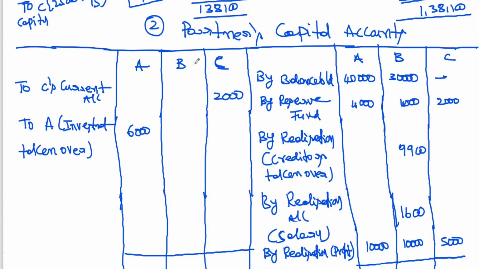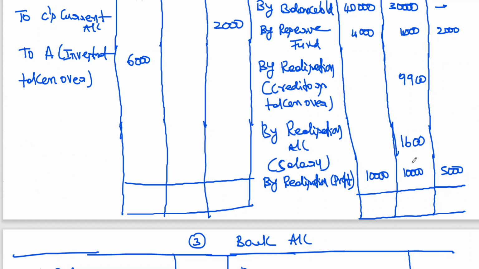Okay, 44, 10, 54, 30, 34, plus 9,900 plus 1,600 plus 10,000.